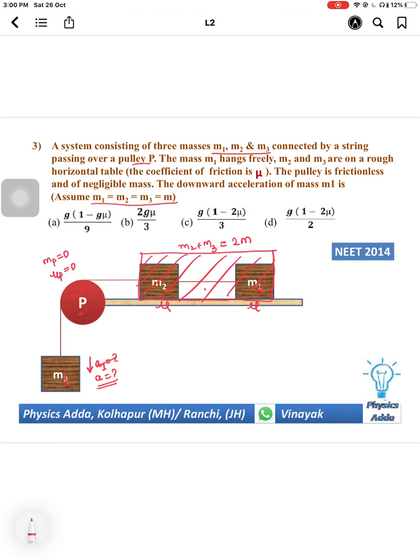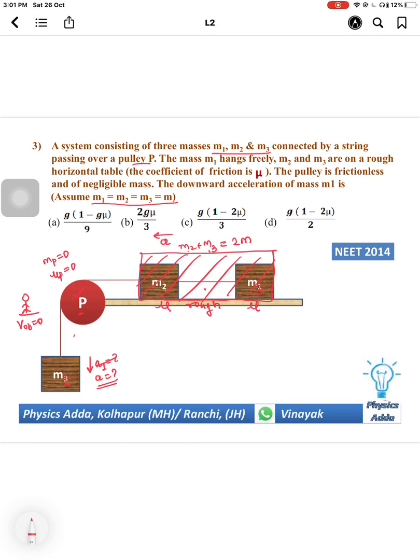Since this surface is rough, frictional force will always act opposite to the direction of relative motion. If my observer is standing here, then the velocity of observer is 0. Then you will observe that this M1 is going down and this M2 plus M3, both masses are moving to the left.